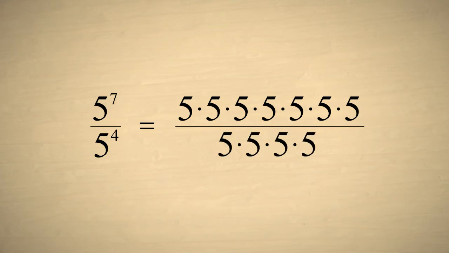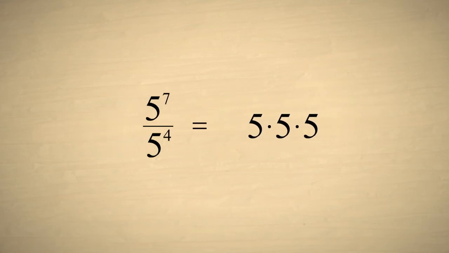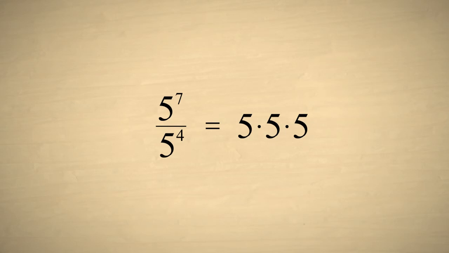We can simplify this fraction by canceling 4 5's in the denominator and 4 5's in the numerator. After canceling, we are left with 3 5's multiplied together. So 5 to the 7th power divided by 5 to the 4th power is 5 to the 3rd power. Notice that we can get this result by subtracting the exponent of the denominator from the exponent of the numerator.